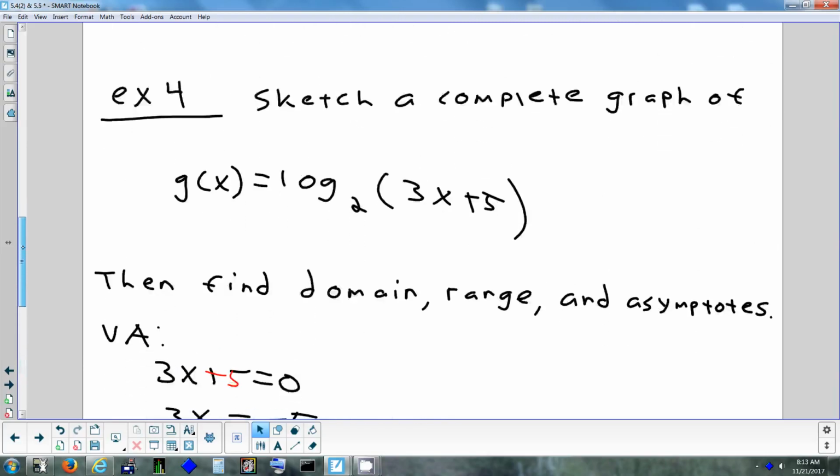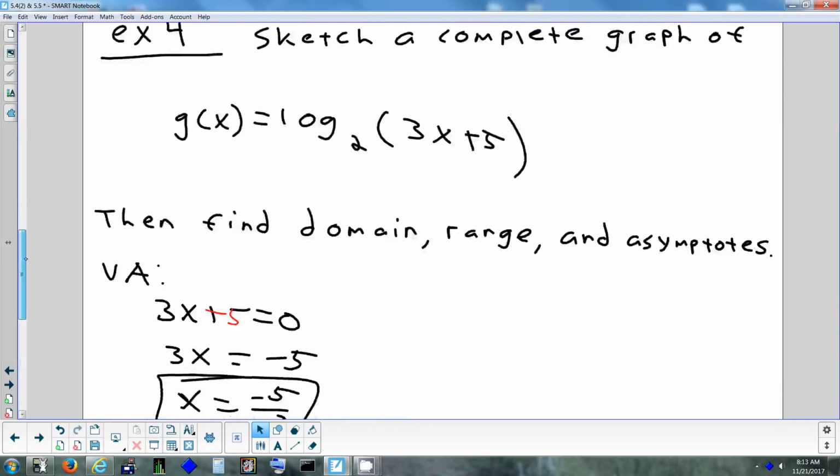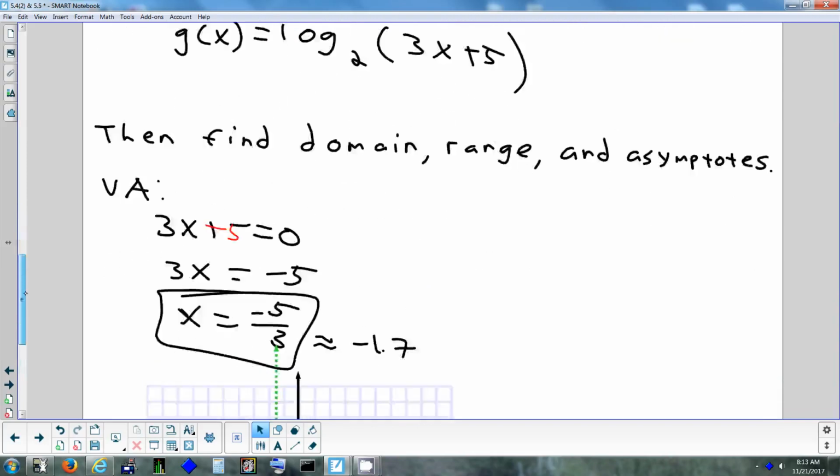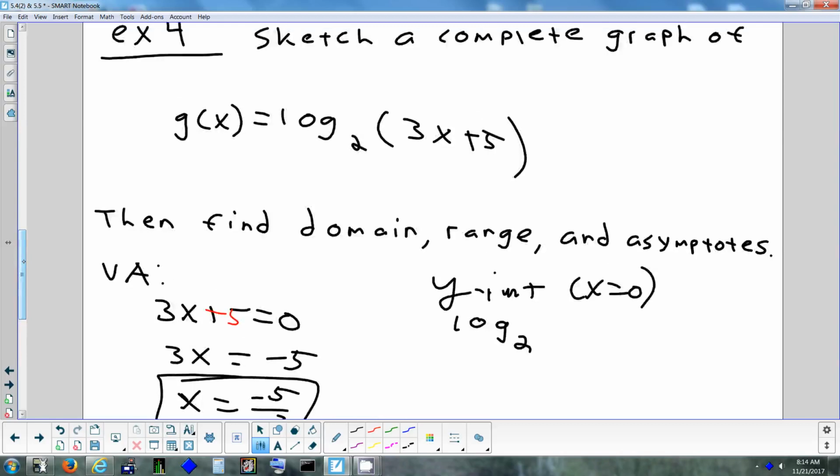Now, let's find my y-intercept. Or we'll try. Maybe it doesn't have a y-intercept, but I think this one does. So to find the y-intercept, plug 0 in for x. Okay, let's see what we get. So we get log base 2 of 3 times 0 plus 5.